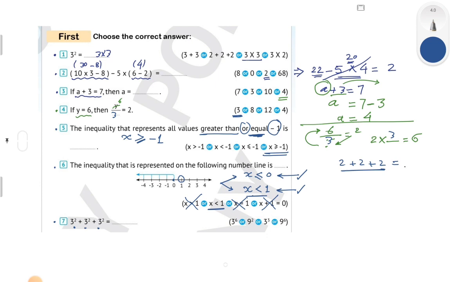That means I have 3 by 2 equals 6, right? The same idea. Here I have 3 times of 3 power 2. That means I have 3 by 3 power 2.